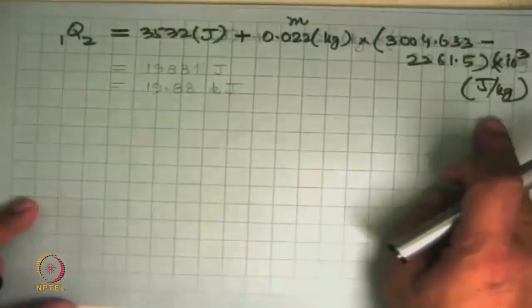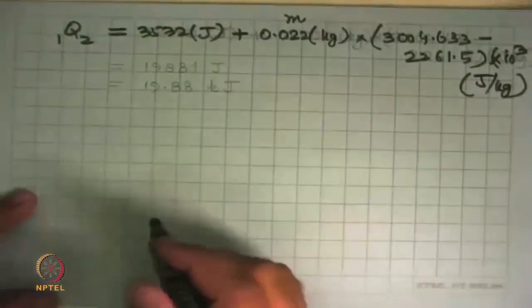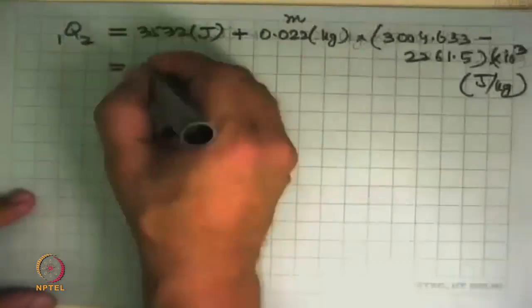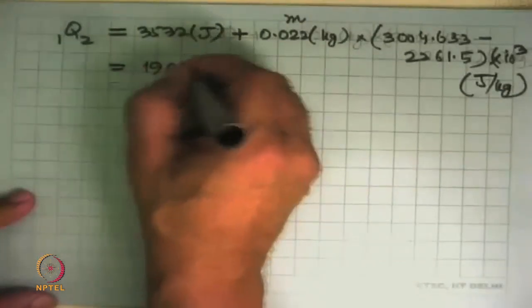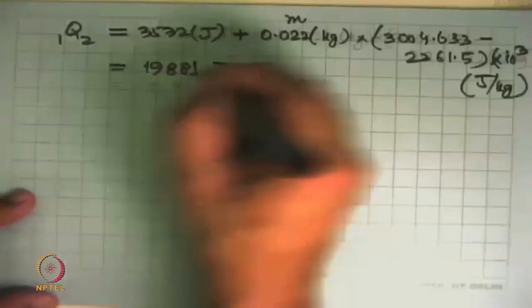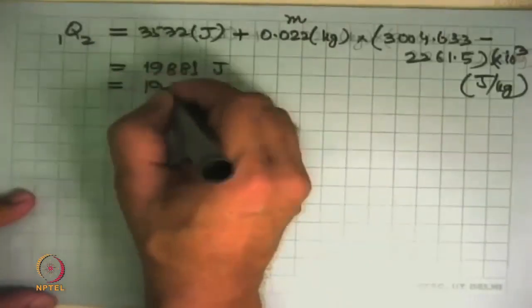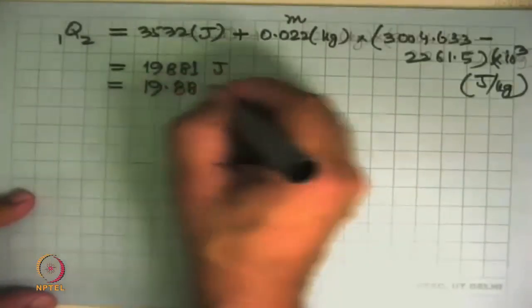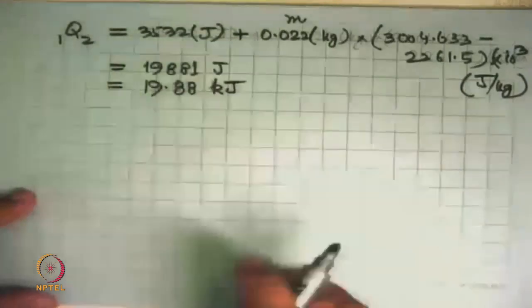This joules, this also has to be joules. And when you do the calculation, this will tell us this is 19881 joules, or this is 19.88 kilojoules.